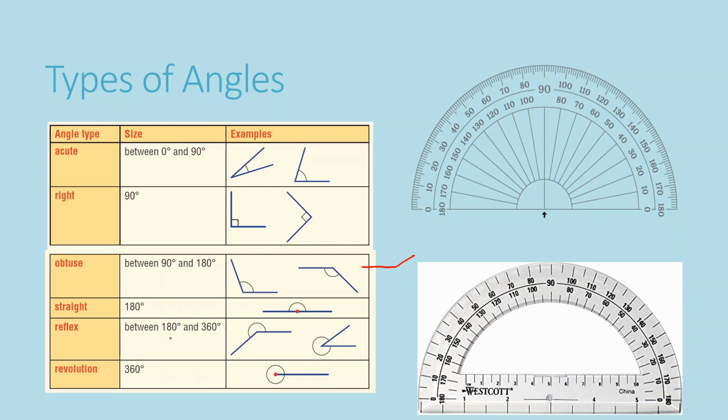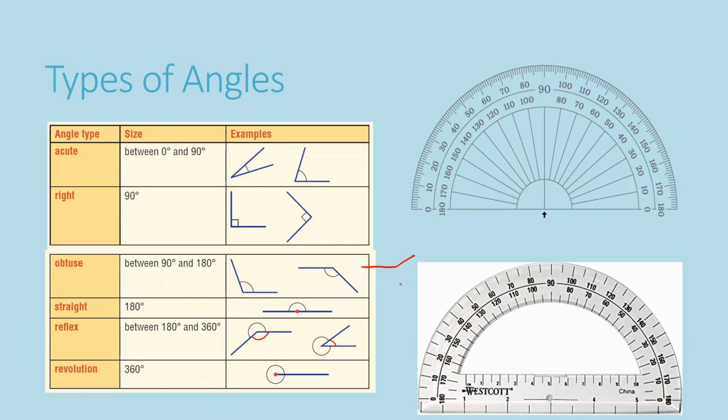A reflex angle is between 180 to 360 degrees, and they're usually located on the outside of an obtuse or an acute angle. You can calculate these by finding out what the obtuse or acute angle is and then subtracting that from 360 to find the reflex.